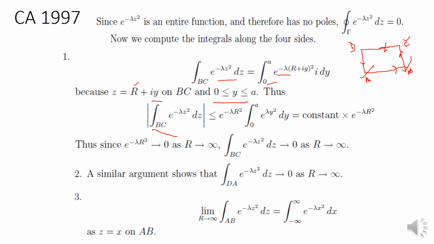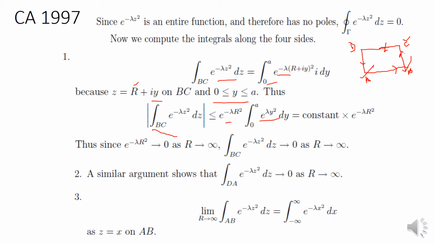When we take the mod of each term, it becomes e to the power minus lambda R square taken common, and the integral from 0 to a of e to the power minus lambda i square y square, which gives e to the power lambda y square.